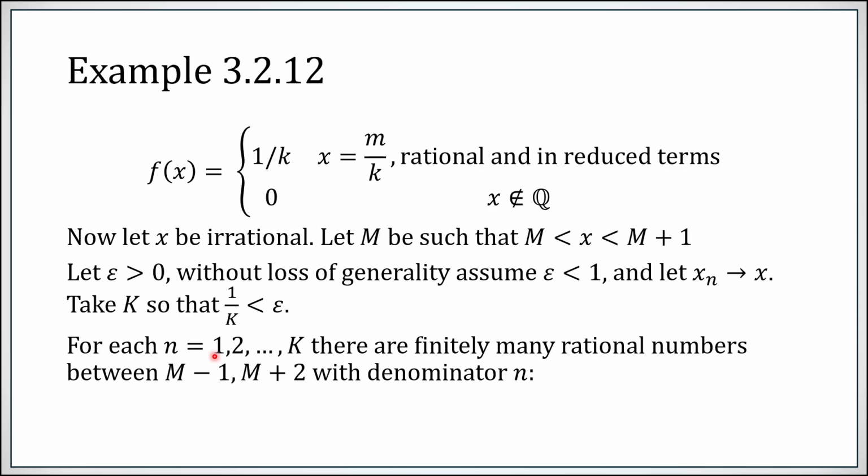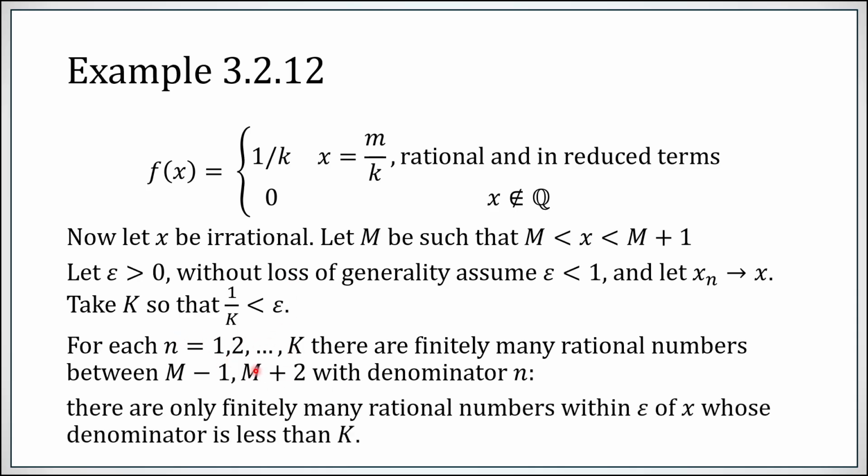How many rational numbers whose denominator is 1 are there in that interval? Finitely many. How many rational numbers with denominator 2 are in this little interval of length 3? Finitely many. How many rational numbers with denominator 3 are in this interval of length 3? Finitely many, and so forth. In other words, as long as I'm only allowing rational numbers whose denominator is up to this constant k, there are only finitely many of them between m minus 1 and m plus 2.